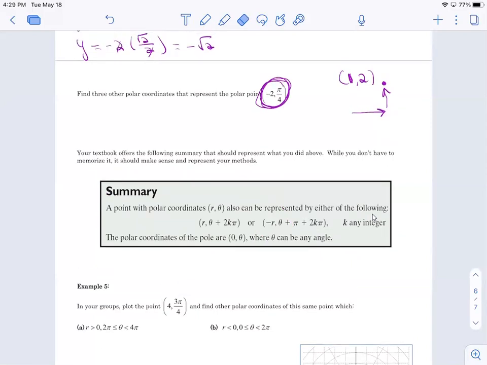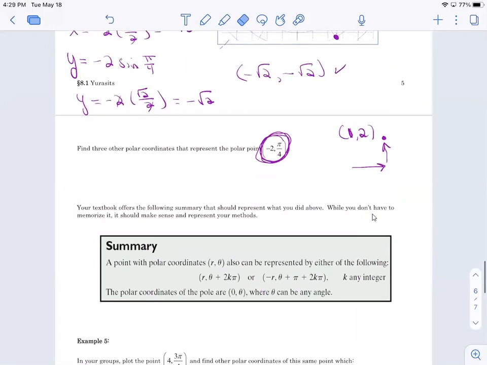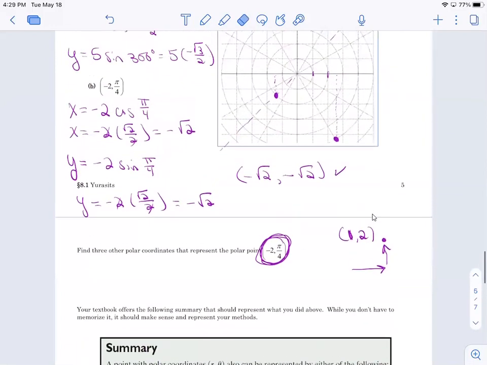So what I'm talking about is, okay, if I have -2 and π/4, we just did that one. So that's this location right here. Well, I can come up with many ways to represent that location. One way is I could do a negative angle. What is that negative angle?